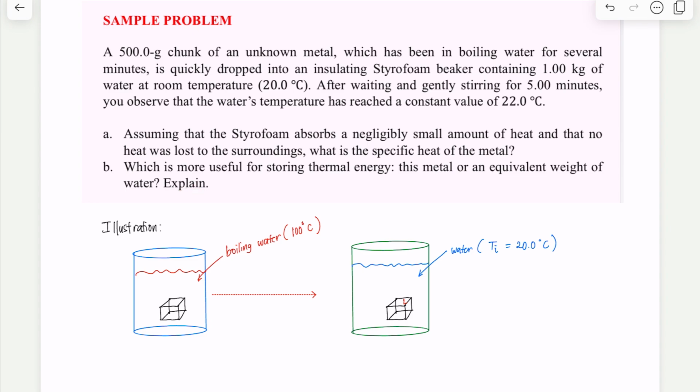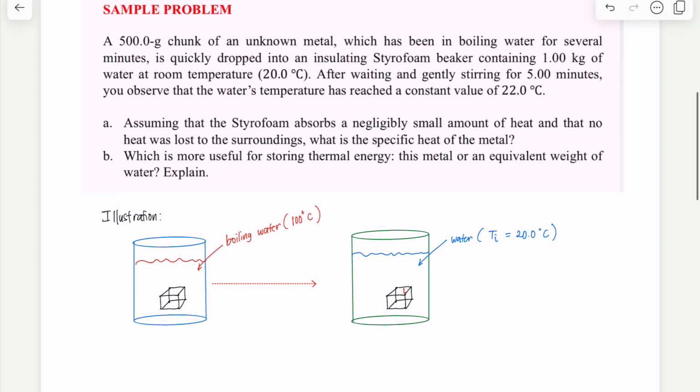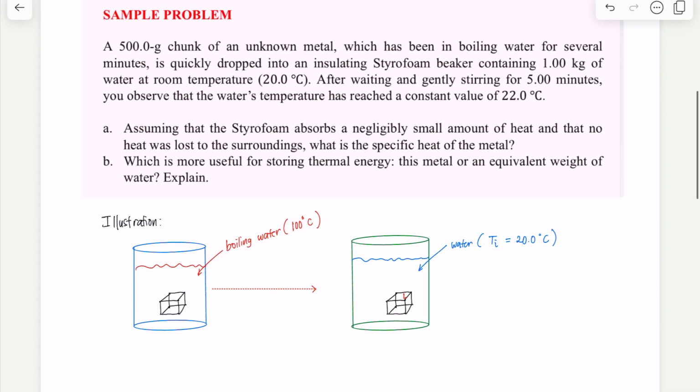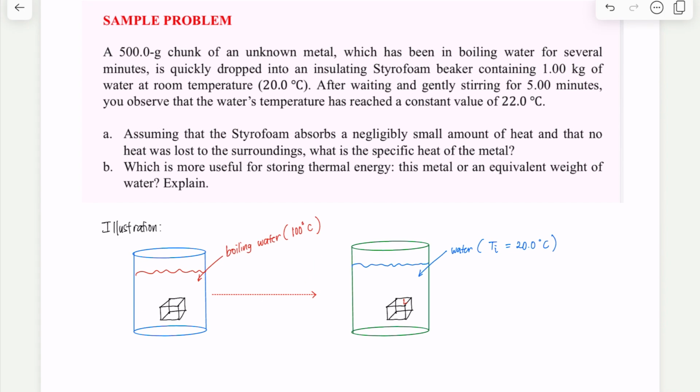So again, in any physics problem, it would be very helpful if we can visualize the problem. And what better way to visualize the problem than to have it in a sketch? Over here, you have this chunk of metal submerged in boiling water. Of course, if it's boiling water, we assume that to be at 100 degrees Celsius at standard pressure.